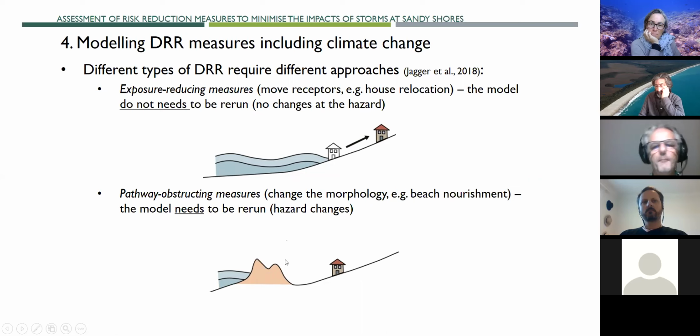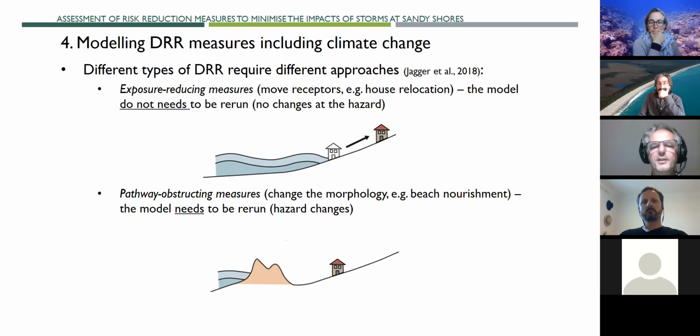There is a third one that I'm not going to go into today because our models are still not good enough for that, which is to know how the risk reduces by, for instance, education, by risk perception.